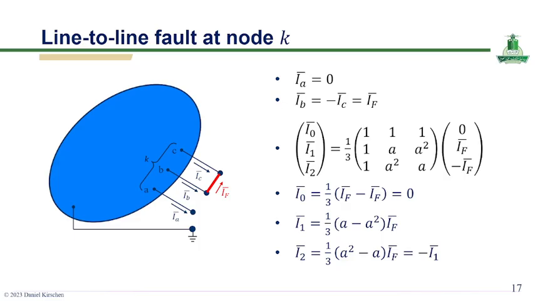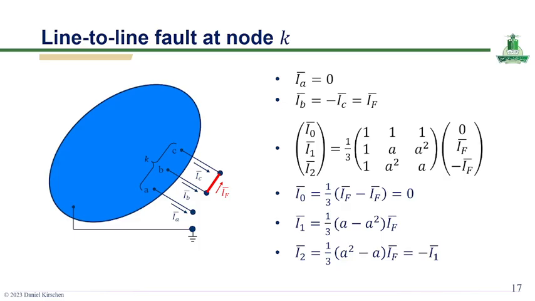The results show that the zero sequence current is equal to zero since there is no involvement of ground in a line-to-line fault. More importantly, the positive and negative sequence currents are equal in magnitude but opposite in sign. It means I2 is equal to minus I1.